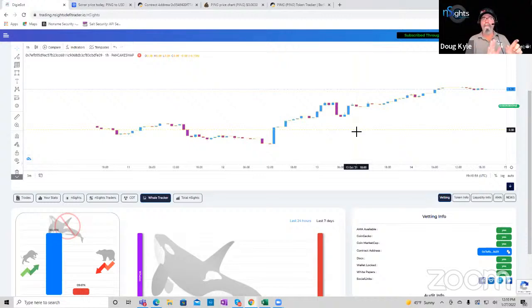Now, this is what's really important to understand about the tokenomics of nSights and why this is so important. It's the total number of tokens in distribution times the last price sold. So if I have a quadrillion tokens in distribution times that price, I'm going to have a higher market cap. It's going to create higher value for the token holders, because the tokens are selling for more money, right?